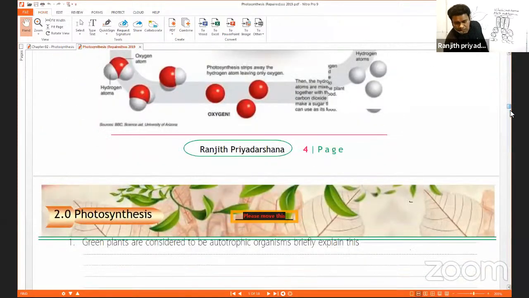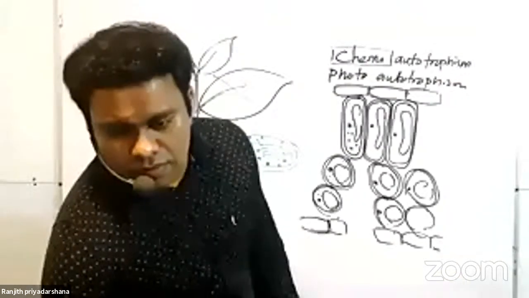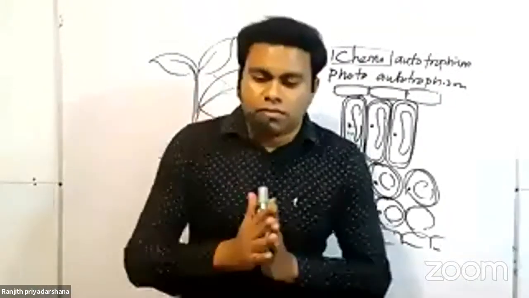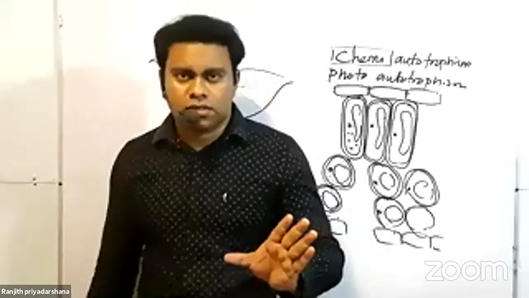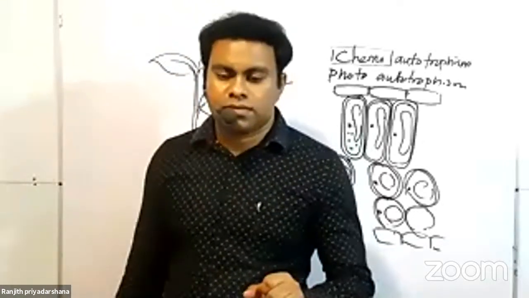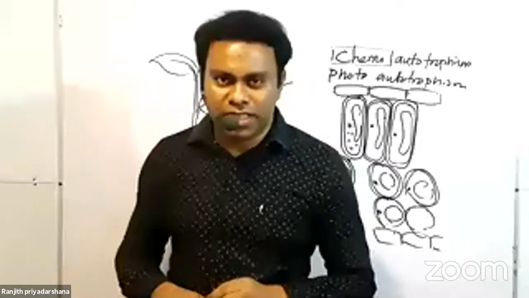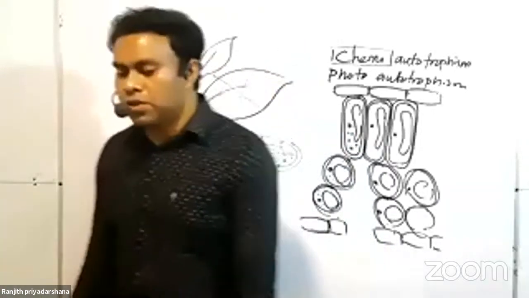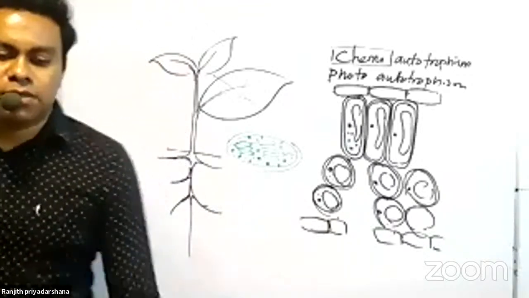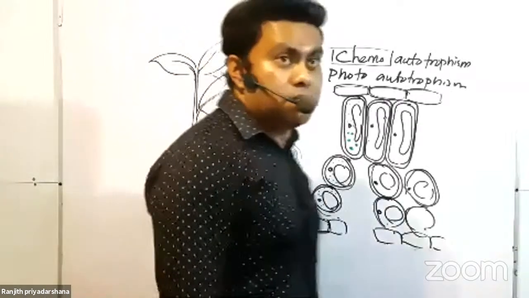So these are the things we discussed. Now take down the types of organisms involved in the process of photosynthesis.